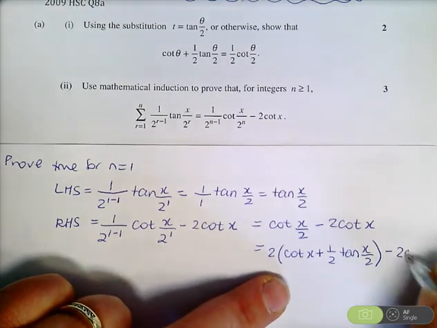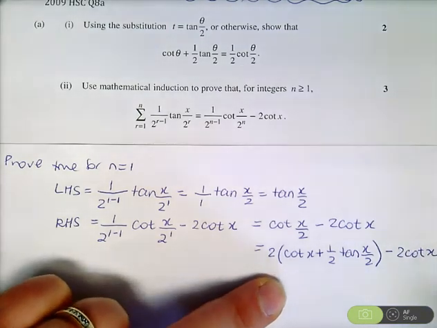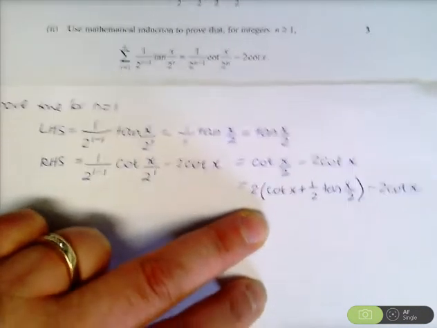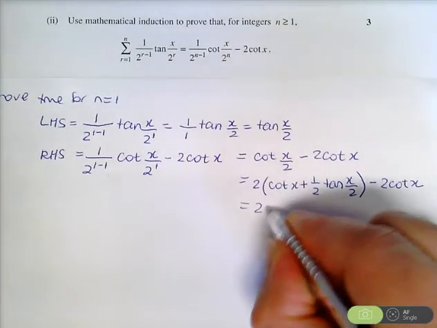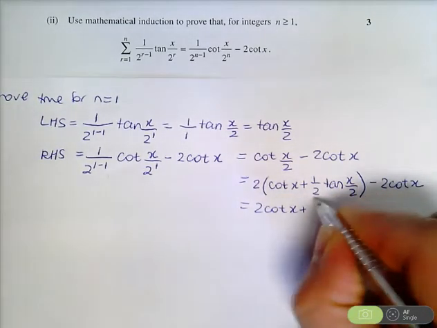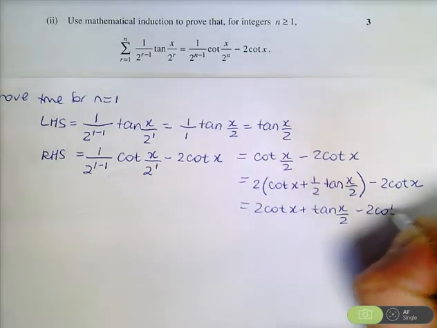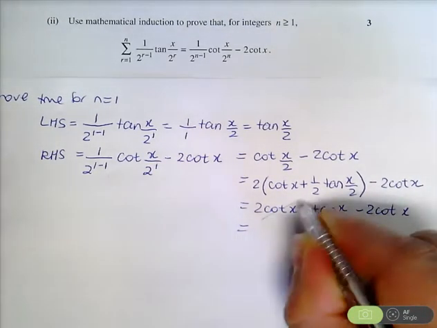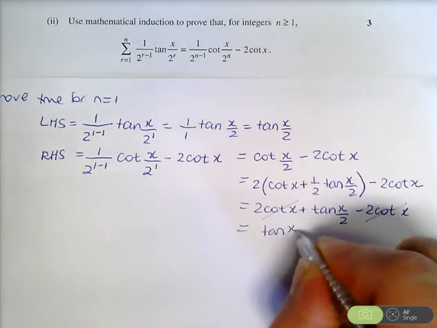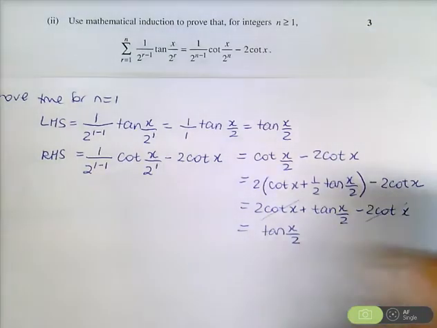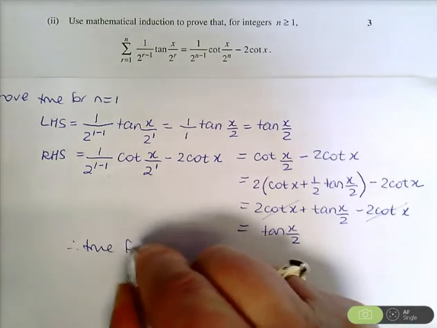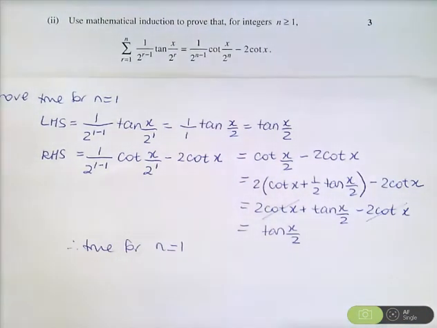We've still got minus 2 cot x there. Okay, now expanding, we've got 2 cot x plus 2 times a half is 1. So we've got tan x on 2 minus 2 cot x, and that is equal to tan of x on 2. So therefore it is true for n equals 1.